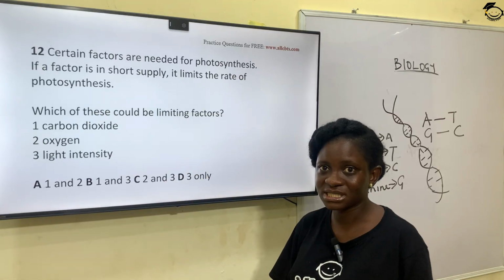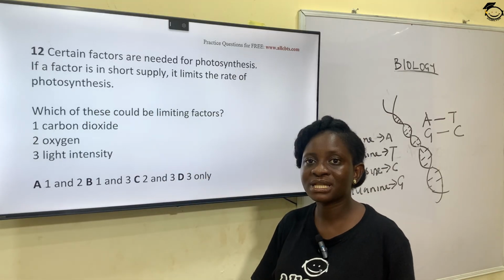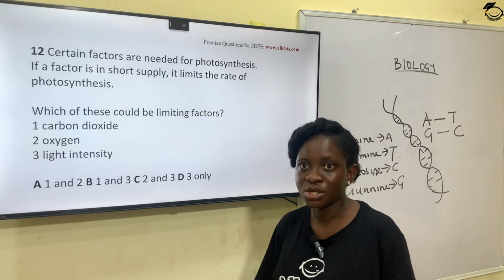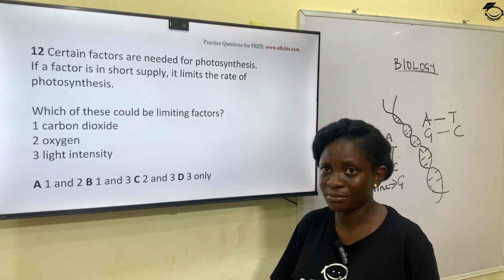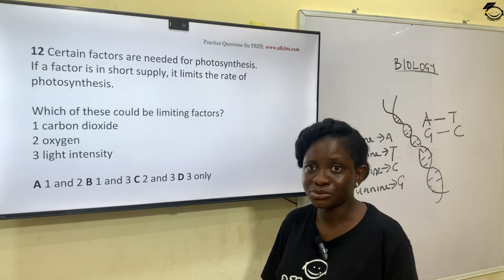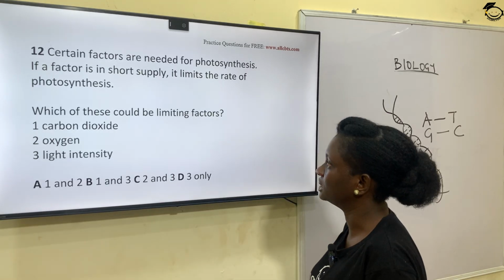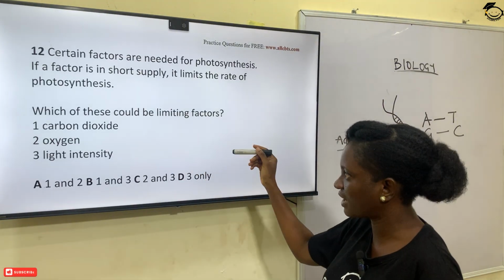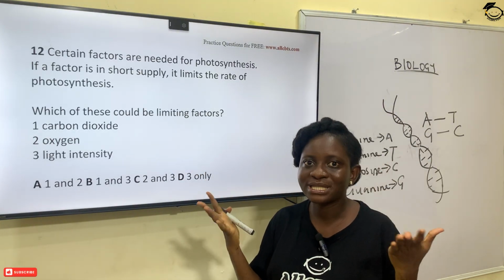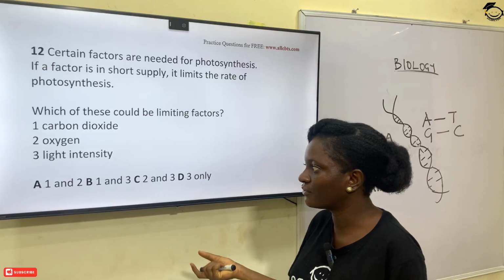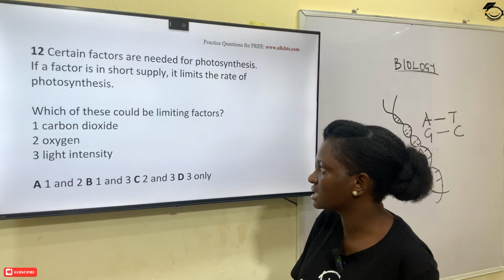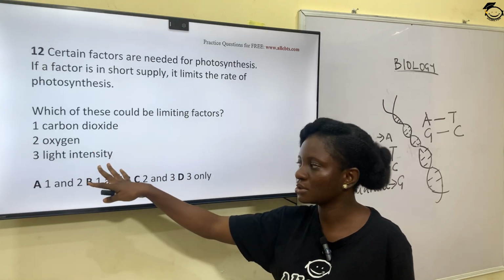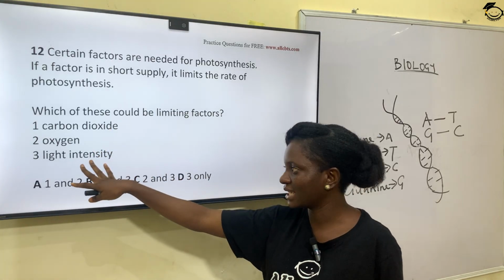What this question is saying is that if you have a limited supply of the raw material, definitely the product will be affected. So which of these could be a limiting factor? We need to know what the starting materials involved in photosynthesis are from the options provided here.